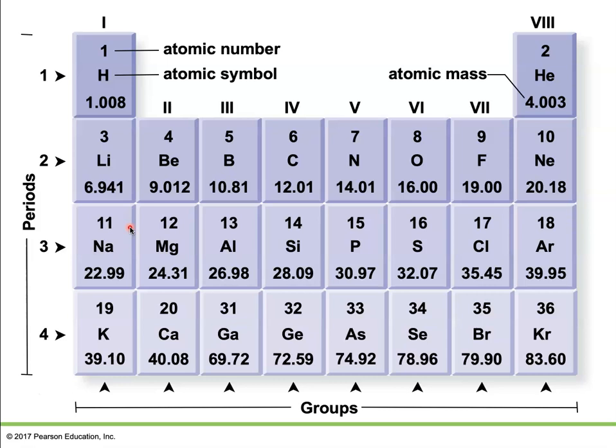Remember that we're always going to have only 2 electrons in that first energy shell, 8 electrons in each shell after that. All right, so we have 11 positive charges, or 11 protons in the nucleus. We have 11 negative charges, or 11 electrons, orbiting around the outside of the nucleus.